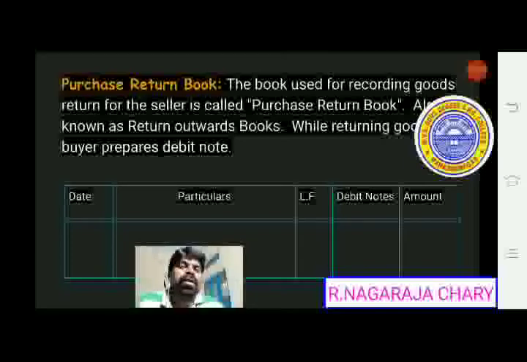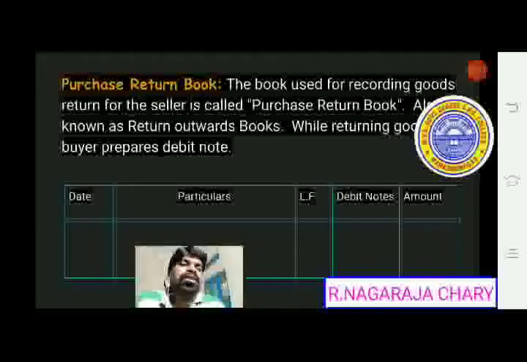We have to return to XYZ company only. That is why to whom we are returning the material is to be recorded here. Next the page number and the debit note number are to be recorded, and the amount, how much value we are returning.